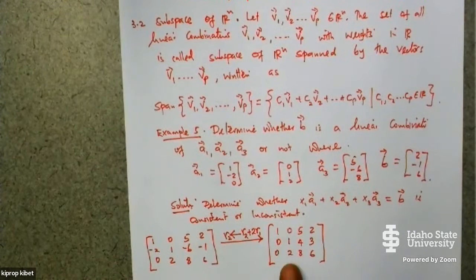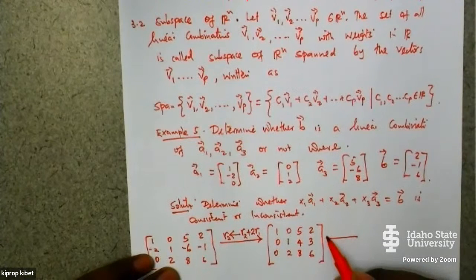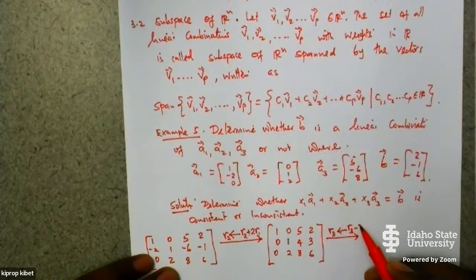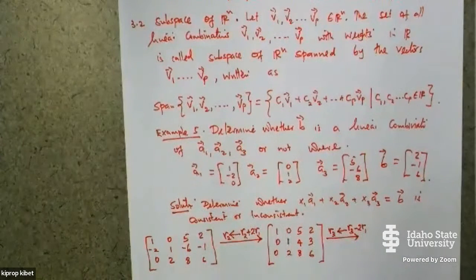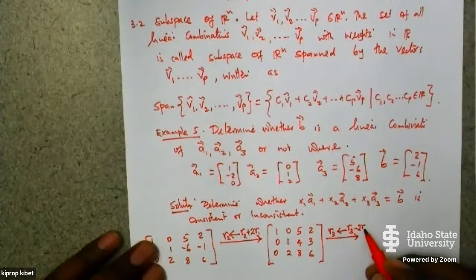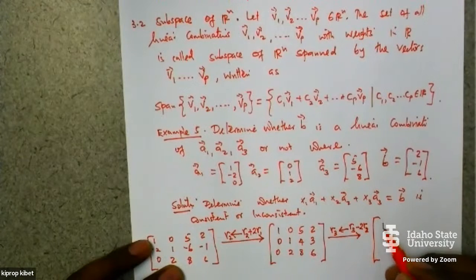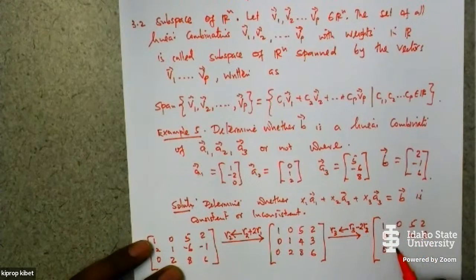Then we reduce the 2 here, so the new R3 is R3 minus 2 R2. Once we reduce this, we have 1, 0, 5, and 2, 0, 1, 4, and 3, and then 0, 0, 0, 0.